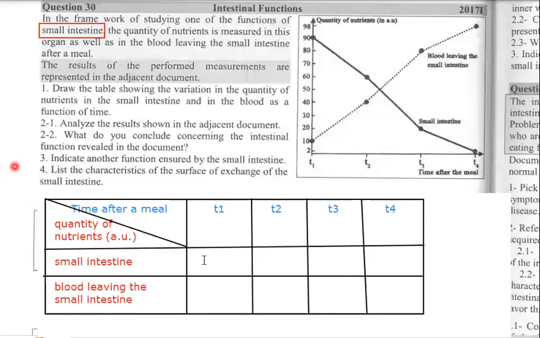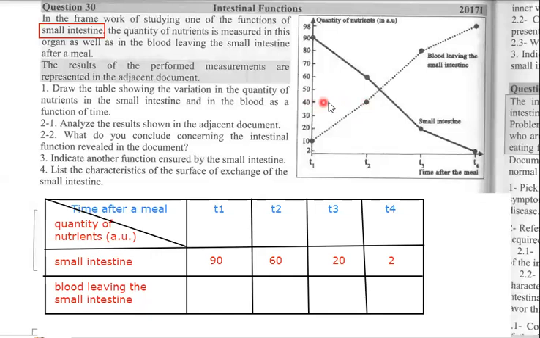So let me write the numbers. The quantity of nutrients in the small intestine decreased from 90 to 60 to 20 to 2.